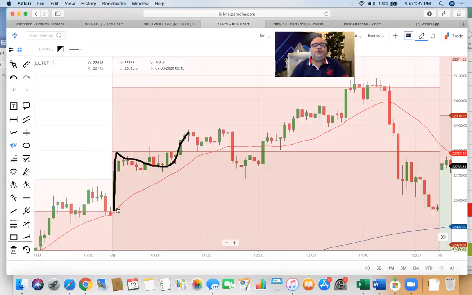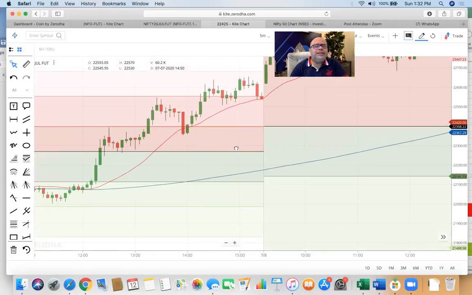If somebody had to look for a larger N, this could be your larger N. So it all depends on your perspective and how large you want the move to be. So if you want larger moves, look for larger patterns, look for things to play out in that manner.